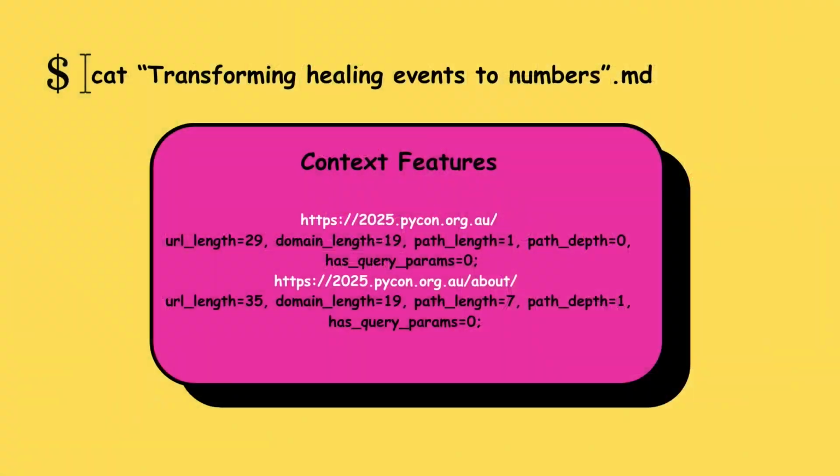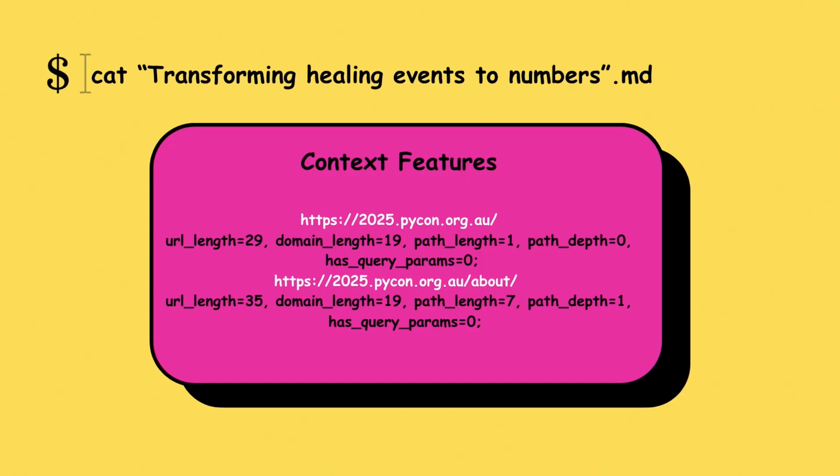The context features convert environmental information about the web page and HTML elements into numerical form. Look at all the extracted information for the PyCon AU web page in the home path and the about path. Just from all this information, the system already knows these are 2 different paths.